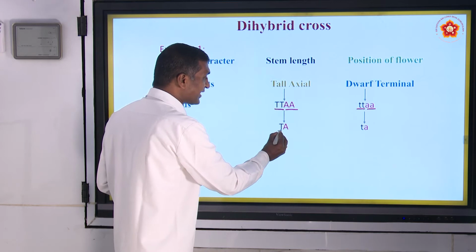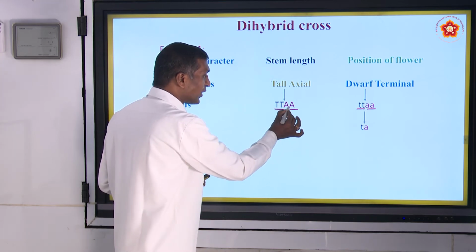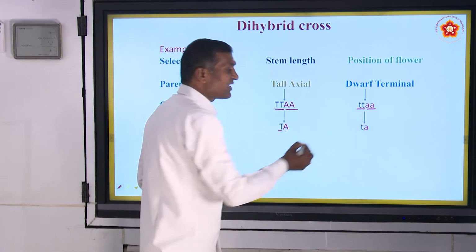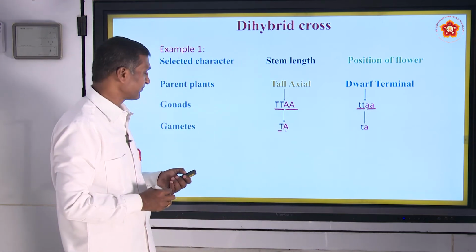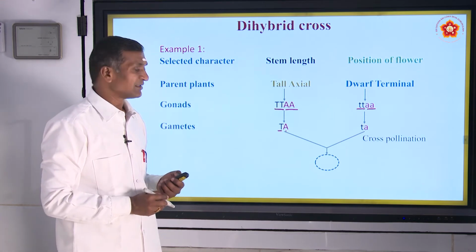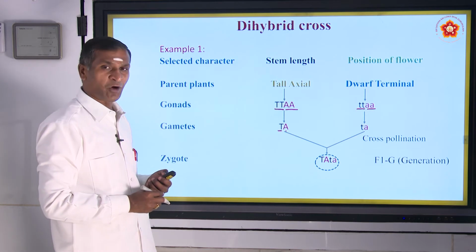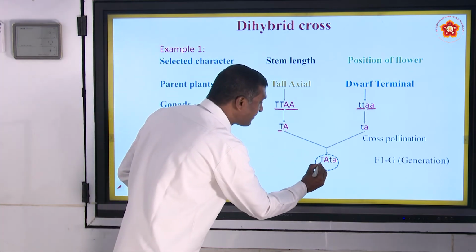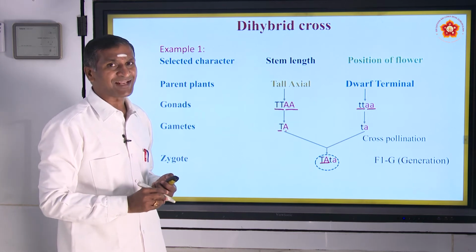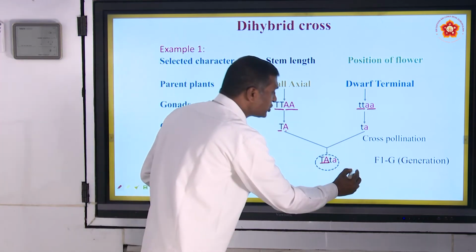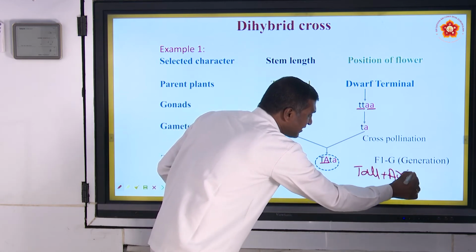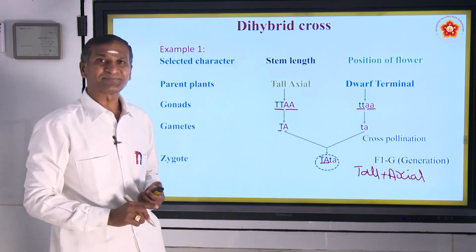So, 1 capital T out of 2, 1 capital A out of 2 A's. In the same way, small t, small a. The gametes undergo cross pollination and the zygote is being formed where we have the capital letters both of tall as well as axial. So, the F1 generation were all tall pea plants with axial positioned flowers.